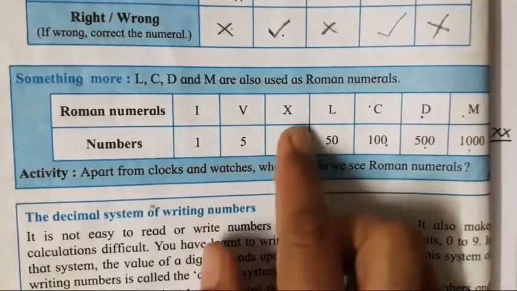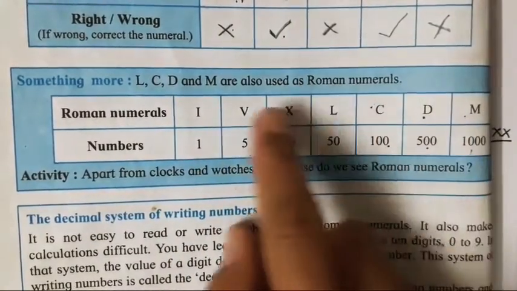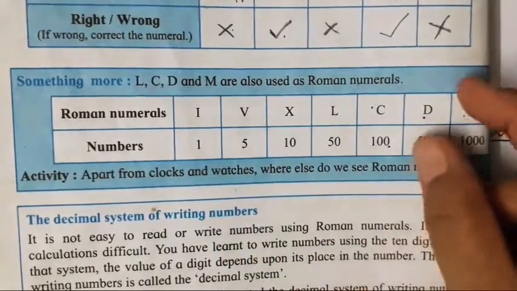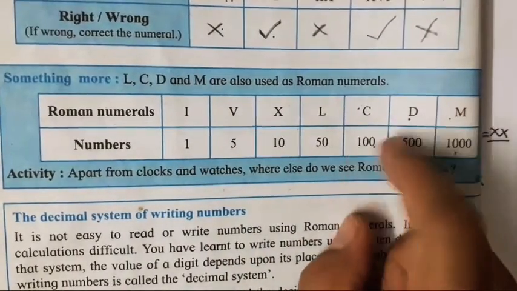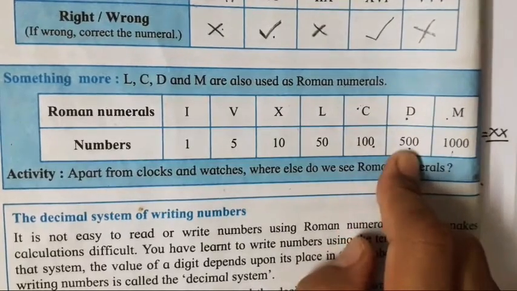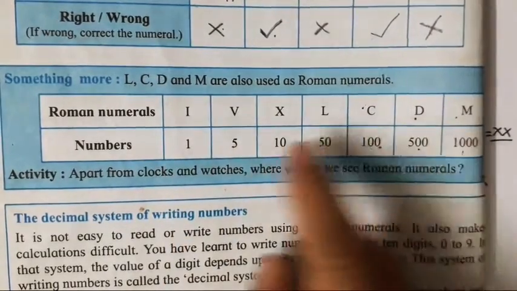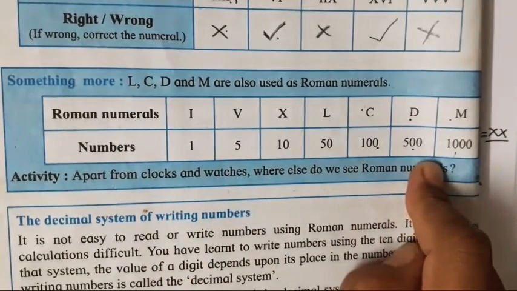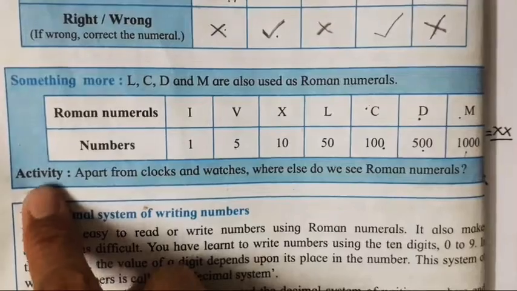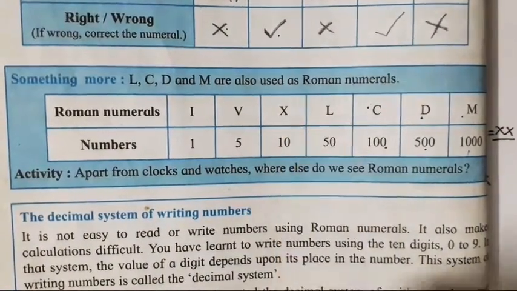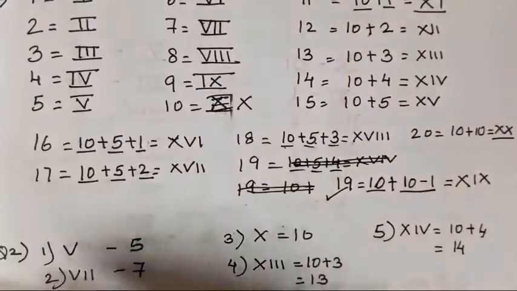So these Roman numeral alphabets you have to remember along with the numbers, and this will be asked in the form of fill in the blanks. C means what? D means what? So revise this, remember these alphabets and Roman numbers and the numbers related to them. This is an activity which can be asked in the question paper in the form of fill in the blank. I hope this exercise is clear to everyone.